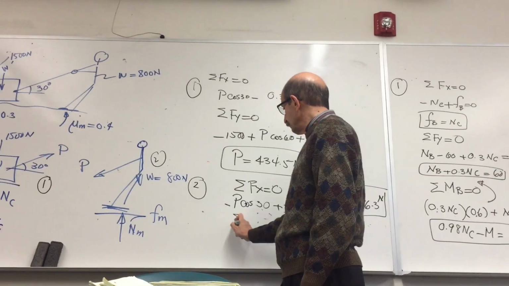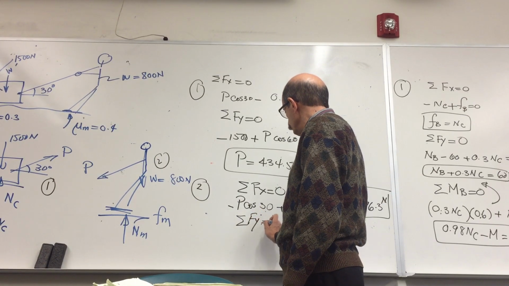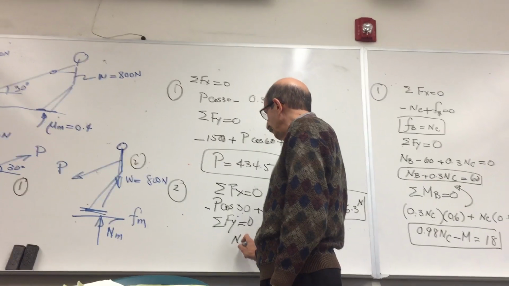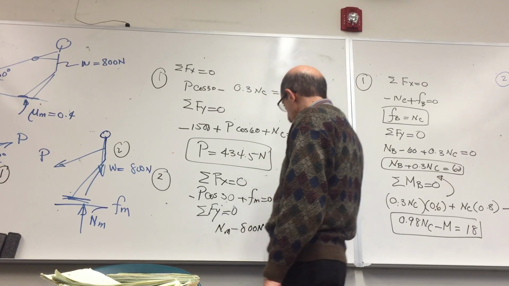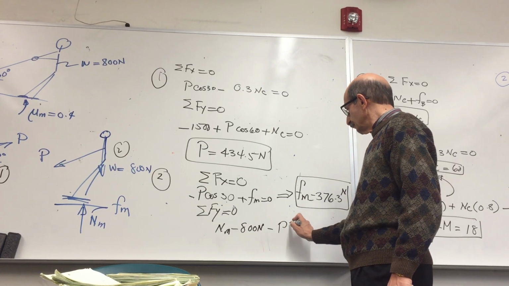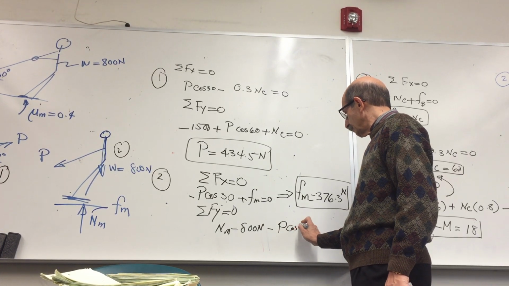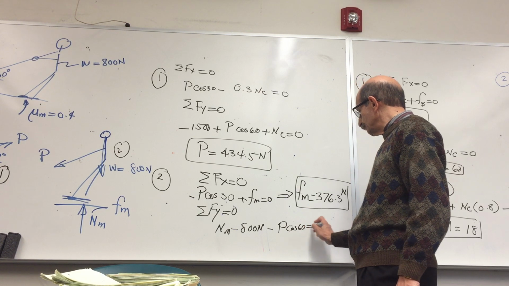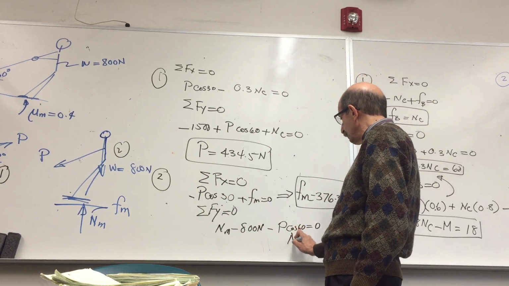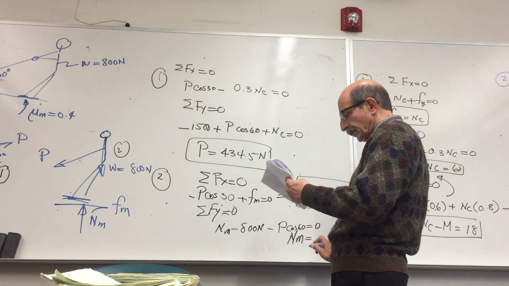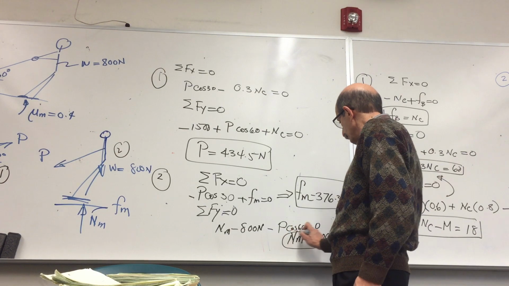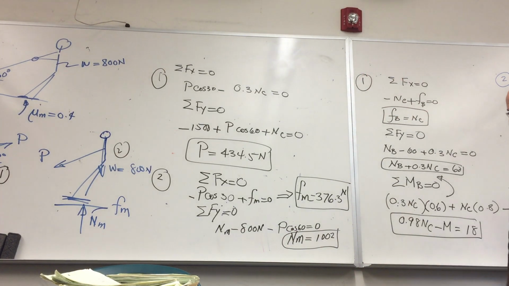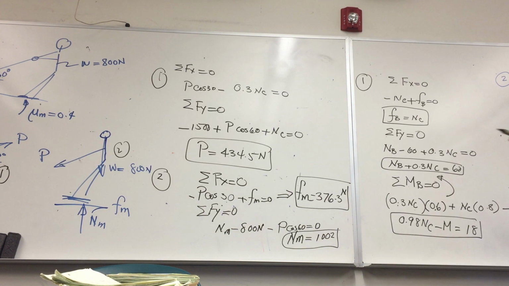Then the second equation of equilibrium gives you Nm minus 800 Newton minus P sine 30 is equal to 0. So that will give you the vertical force, which comes out to be 1002. Isn't it sine 60? Sine 30, thank you. Right. Gotcha. So that's correct? Yeah.